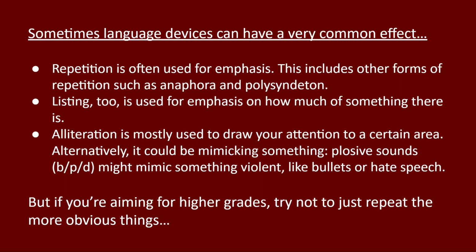Somewhat the same with alliteration. Alliteration is mostly used to draw your attention to a certain area. Alternatively, it can be mimicking something. If you had plosive sounds, for example, plosive alliteration is just B, P, D, it might mimic something violent like bullets or aggression.